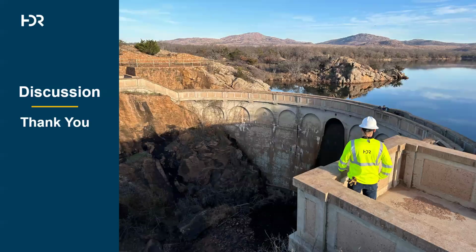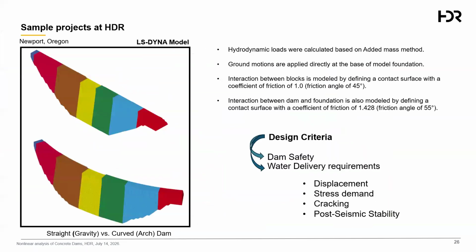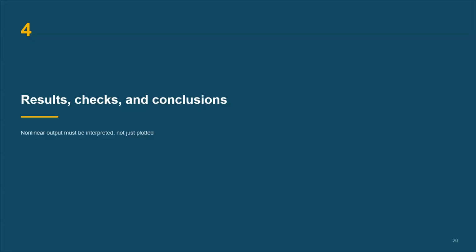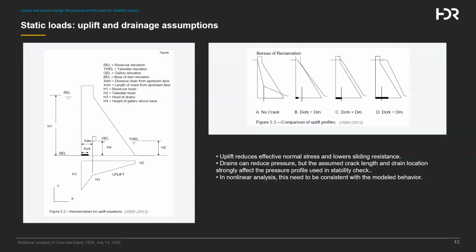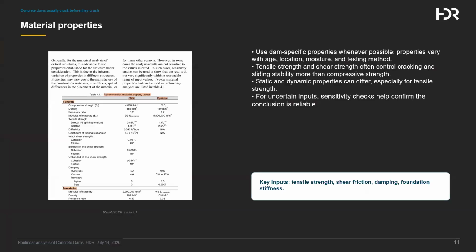As I mentioned, in the case of concrete dams, we need to collect all inputs, but there might be some inputs that we are not sure about, and we need to do just an estimation. But as you know, we do sensitivity checks.